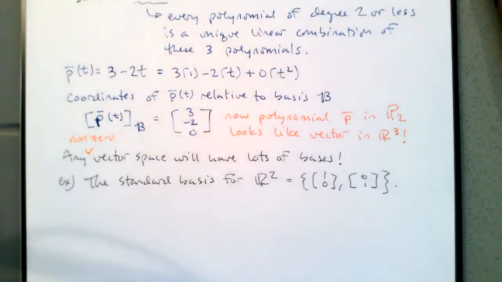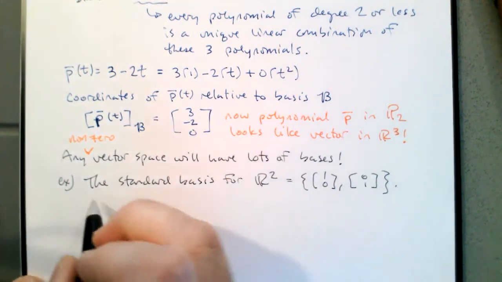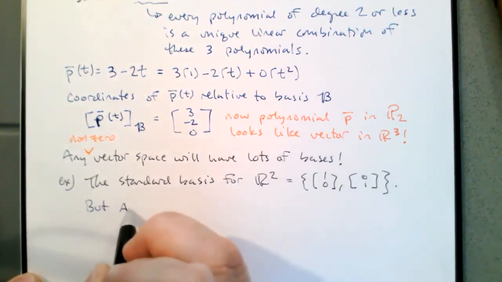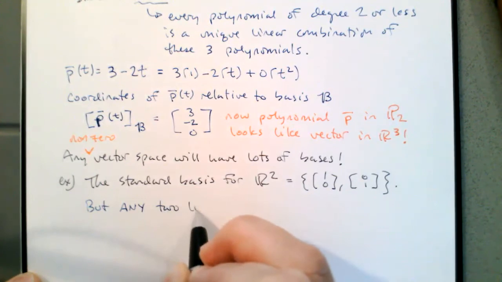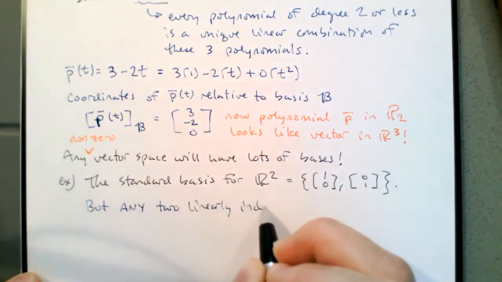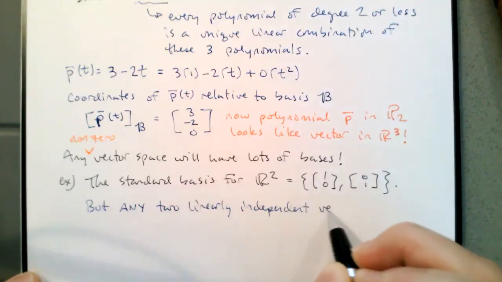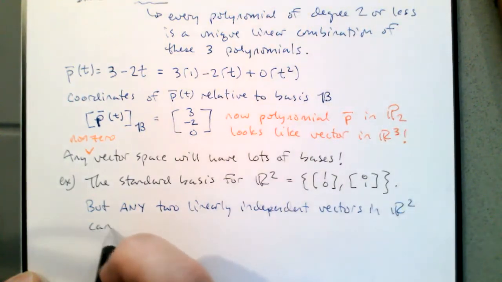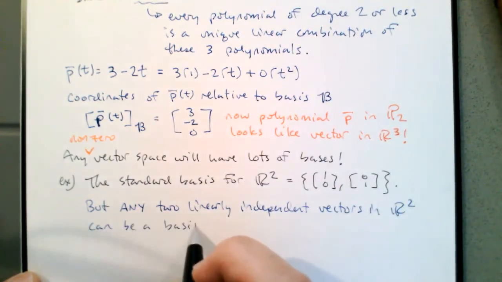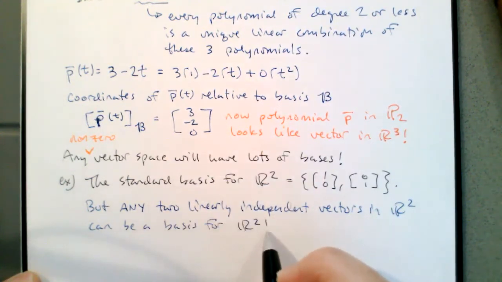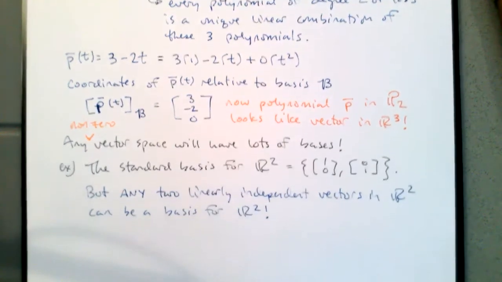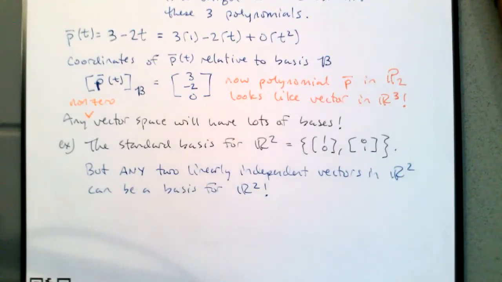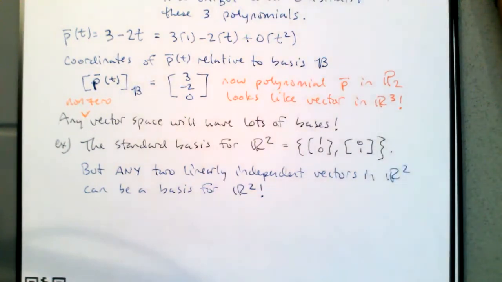Any 2 linearly independent vectors in R2 will form a basis for R2. Any pair of linearly independent vectors in R2 can be a basis for R2. We just use 1, 0, 0, 1 because that's the easiest one. That makes the easiest graph paper.